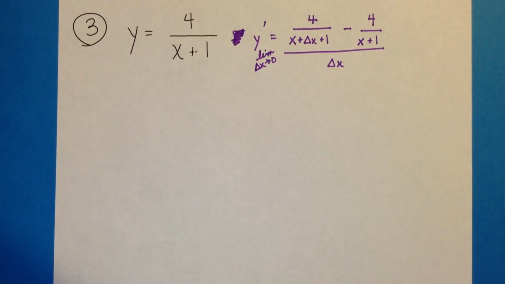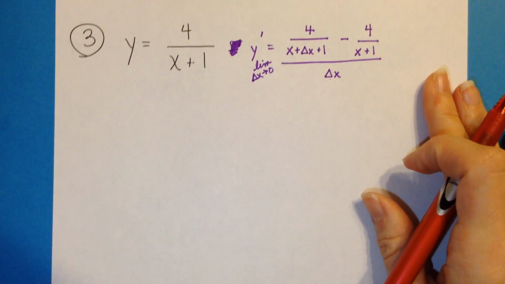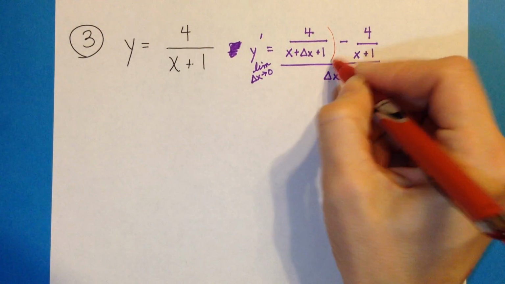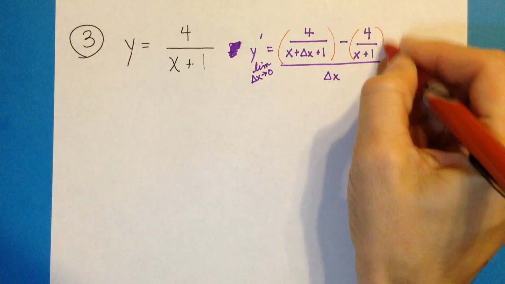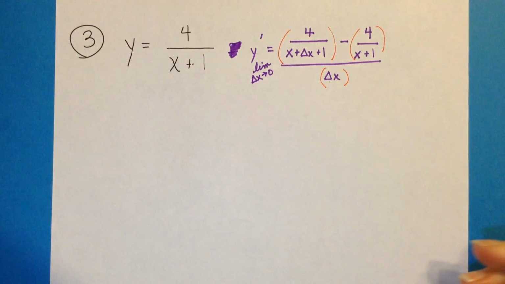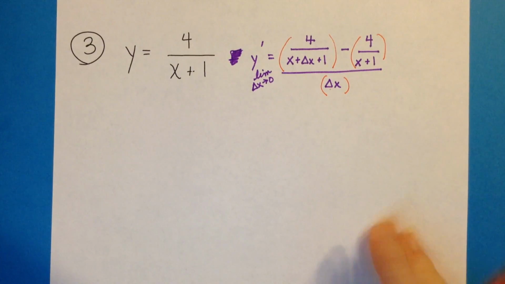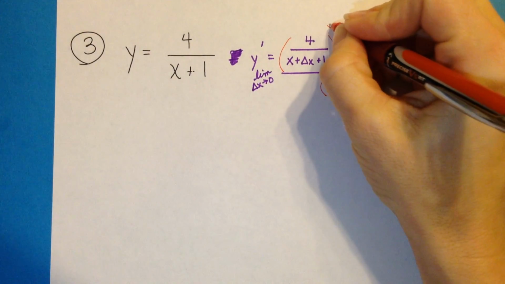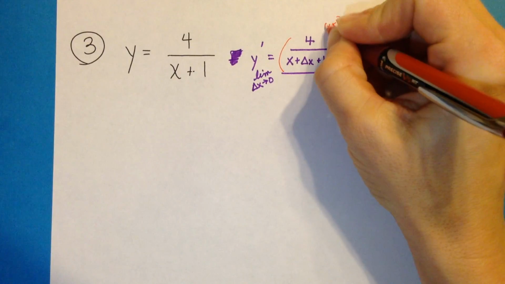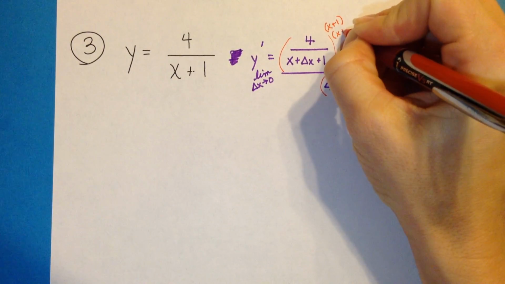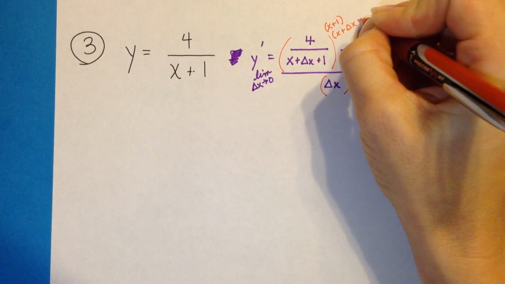This being a complex fraction, you need to go through and multiply everything by the common denominator, which is going to have to consist of this denominator and this denominator. So we're going to have x plus 1 times the x plus delta x plus 1.